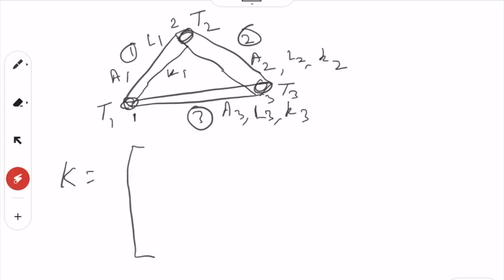You can see here the first element goes from 1 to 2, so we can write just the assembled one.